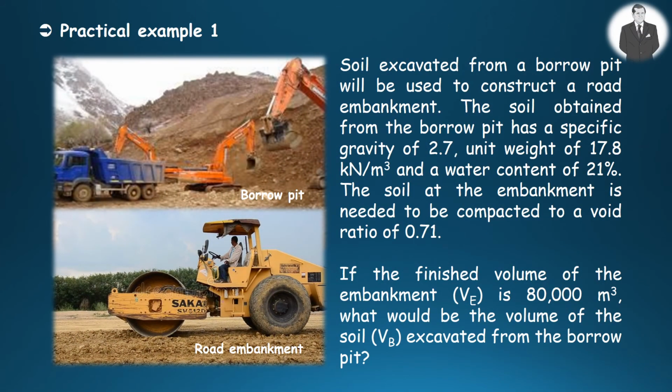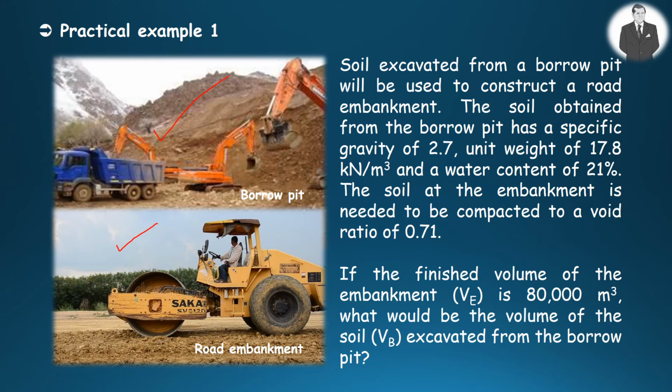Here it is, a practical example to show you how the soil physical model can be used in practical applications. Soil excavated from a borrow pit will be used to construct a road embankment. The figure at the top shows the borrow pit area, and the figure at the bottom shows the road embankment area.